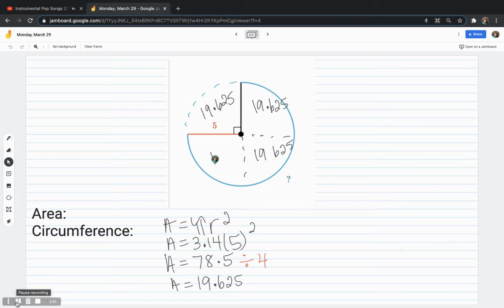And remember, my original picture only had 3/4 of the circle. So that means I'm going to take the 19.625 and I'm going to multiply it by 3. And that's going to give us an area of 58.875.